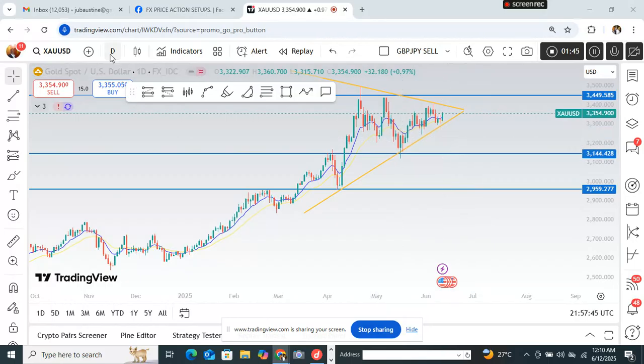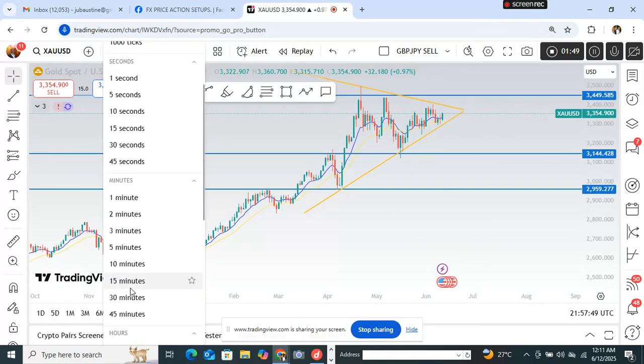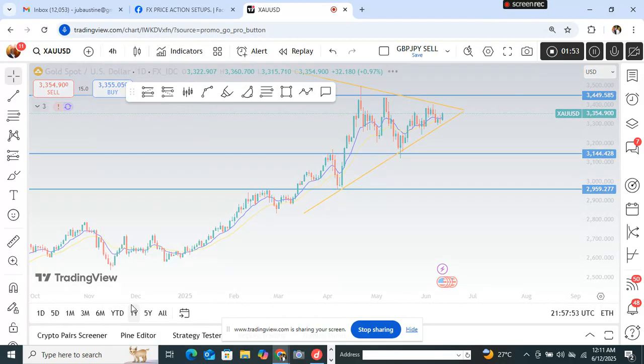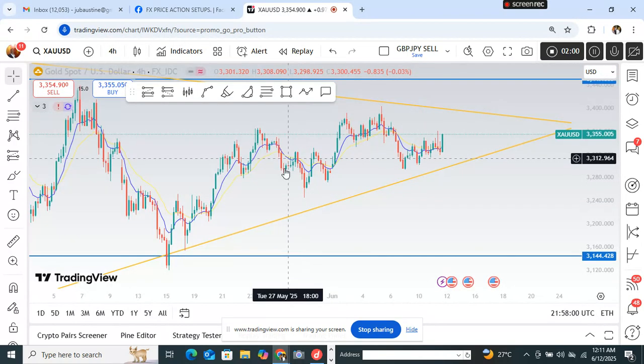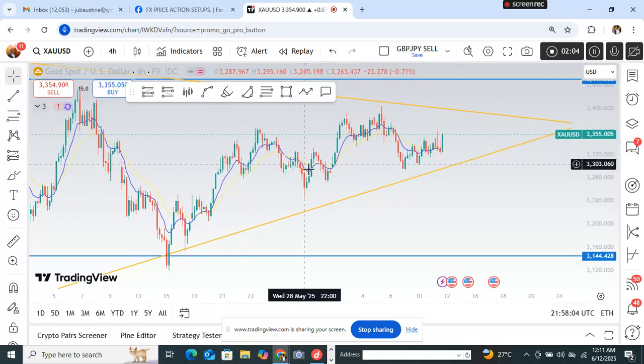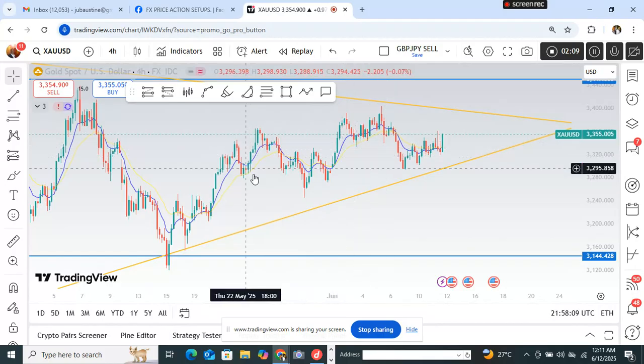So let's look at the 4-hour time frame and see where actually the likelihood of this candlestick movement will be. If you look at this 4-hour time frame, you can see that the market has been oscillating and moving, and it has a minor support at this particular level of 3305.